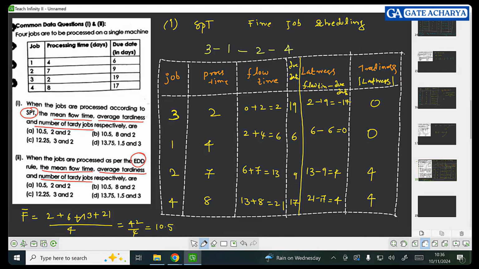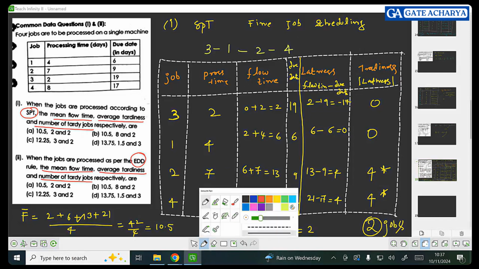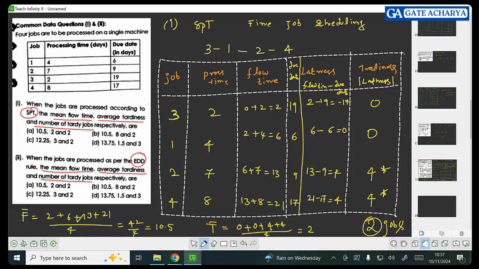Next, average tardiness, T bar, is equal to 0 plus 0 plus 4 plus 4 divided by 4 jobs, so it is 2. Tardy jobs are jobs having positive tardiness. So your tardy jobs are 2 jobs. A is your answer.